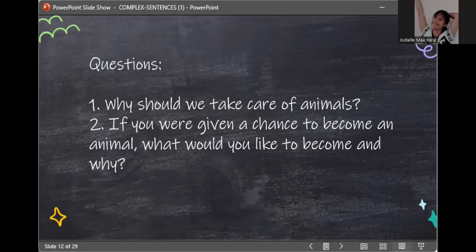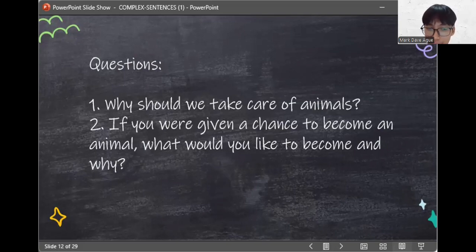If I were given a chance, sir, to become an animal, I would prefer to be a dolphin, because other scientists said that dolphins are one of the most genius animals living in the ocean.